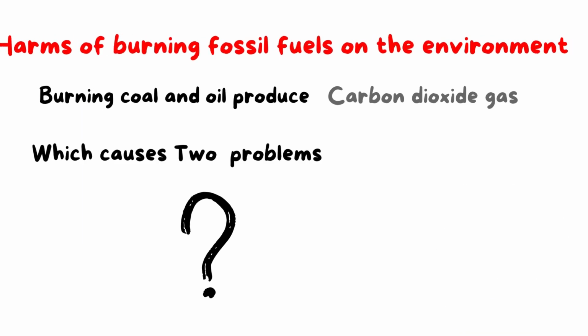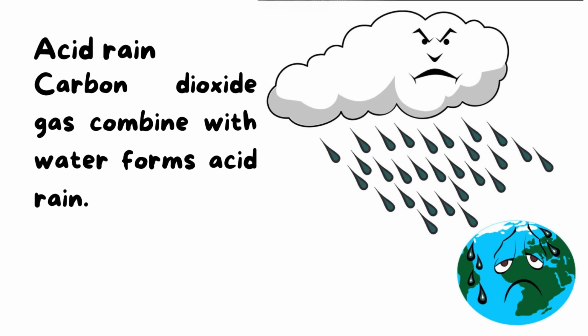The first problem is called acid rain. Acid rain means when the carbon dioxide gas combines with the water found in the air, as there is water in the air that returns back to the earth in the form of rain. When this carbon dioxide gas combines with this water, what happens?